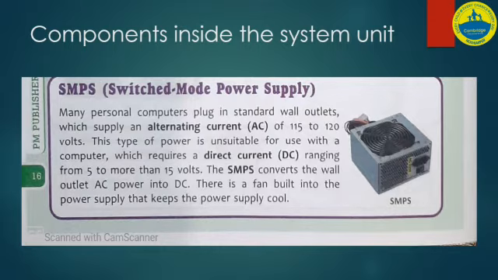So for the working of the components, we need a device which adjusts the level of voltage for the power supply. For this purpose, we use the switch mode power supply, so that we can control which type of current we need, or at what voltage we need that current.